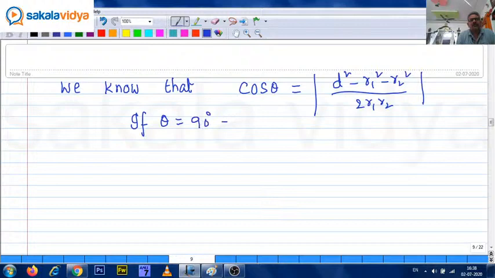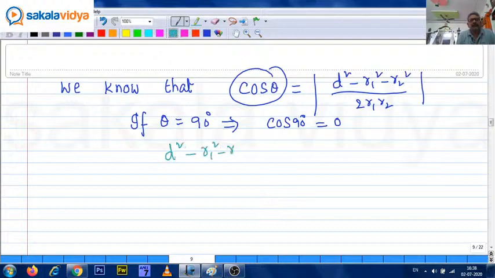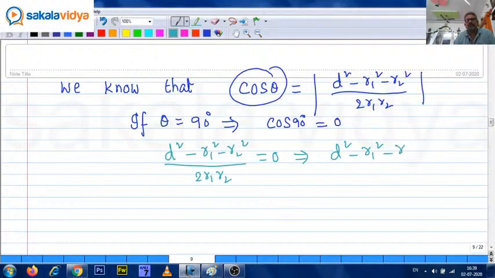Let us see. Cos 90 becomes what? 0. Obviously this becomes 0. So therefore D square minus R1 square minus R2 square upon 2 R1 R2 becomes 0. Cross multiplication, D square minus R1 square minus R2 square equals 0. So we get D square equals R1 square plus R2 square.